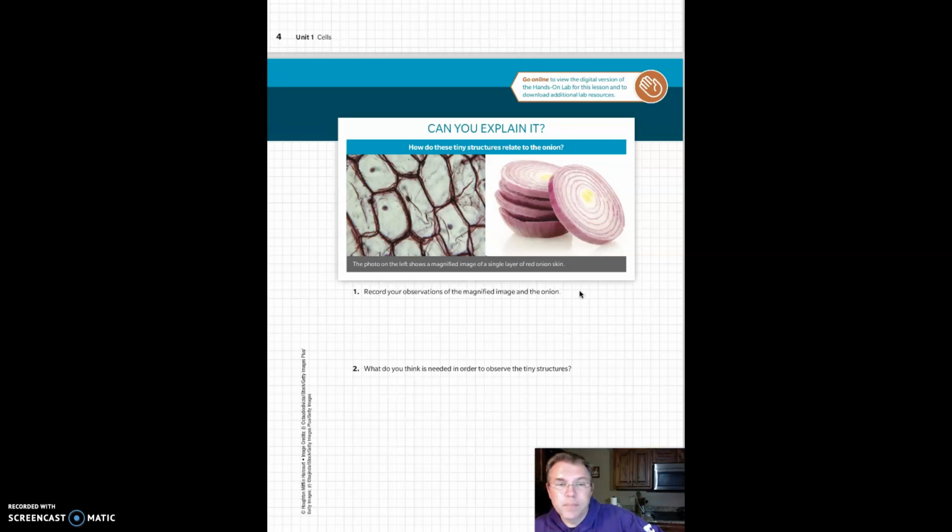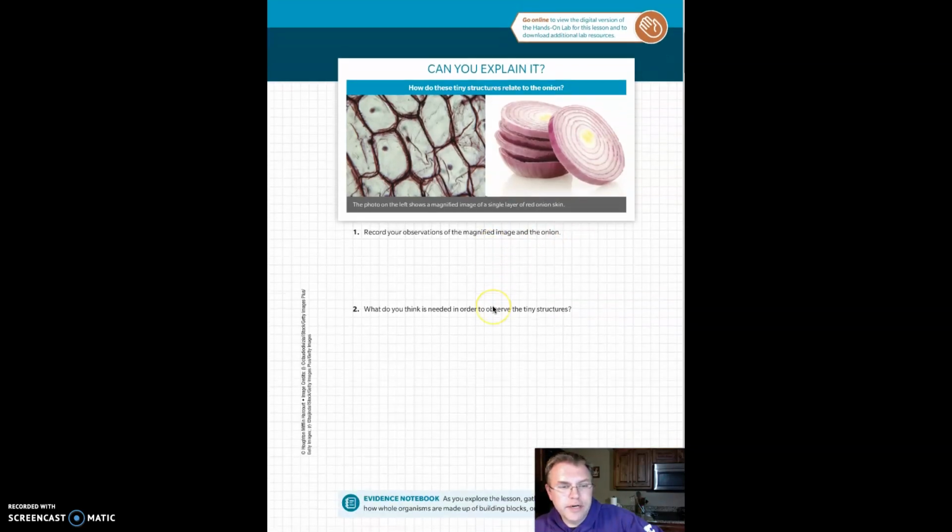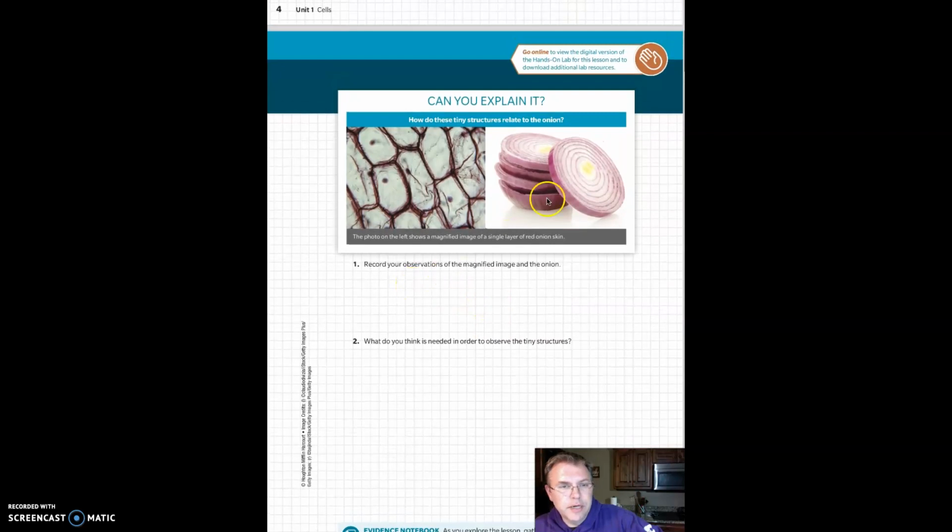The first little part, and you didn't have to do these first two questions, it just gives this little picture. It says, can you explain it, in a couple questions. It says, record your observations of the magnified image and the onion. So if I take a look over here at this little magnified image, I could say some things about that.